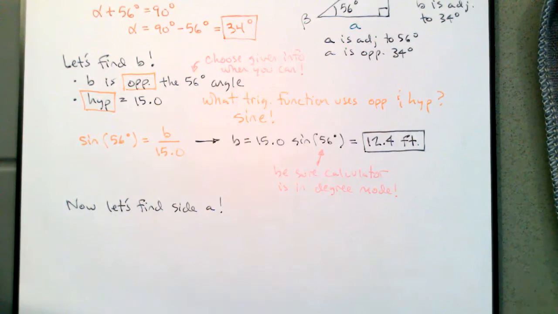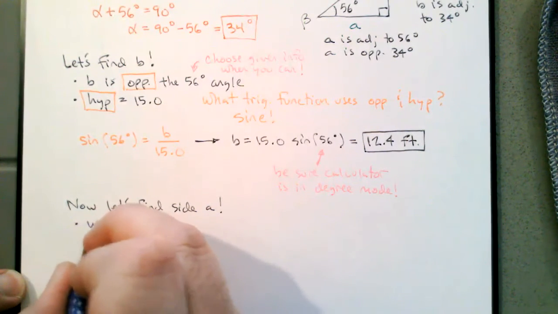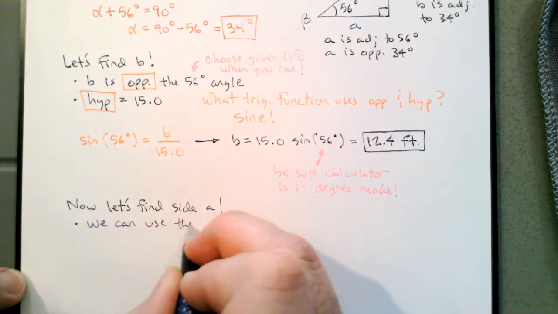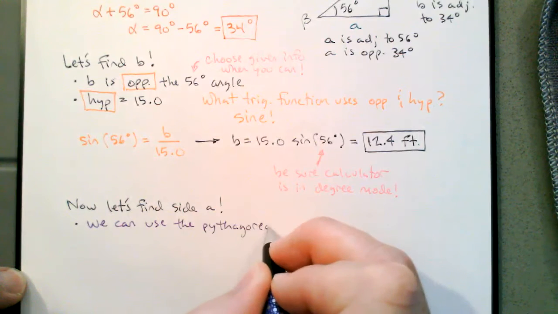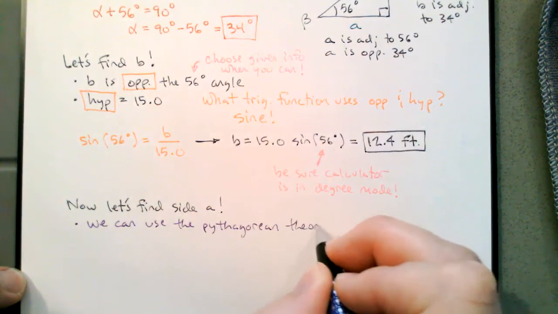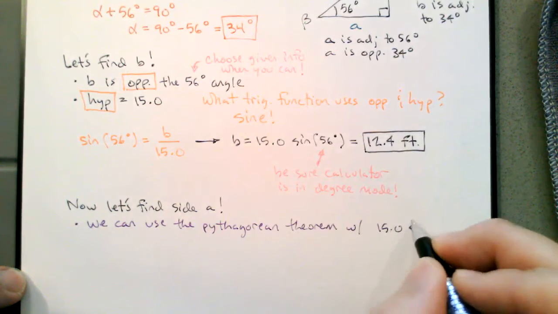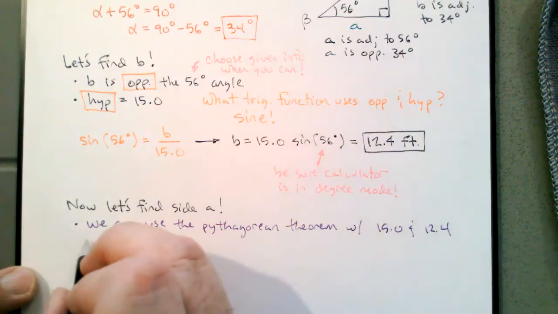So using the Pythagorean theorem might introduce rounding error. We can use the Pythagorean theorem with the 15.0 and the 12.4, but the 12.4 has been rounded, and that could introduce error if we're not careful.